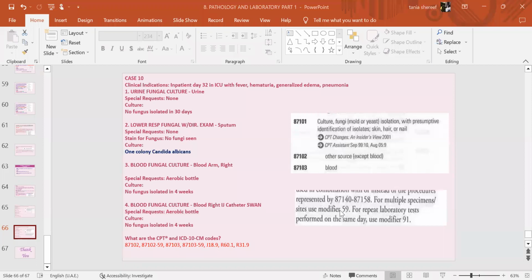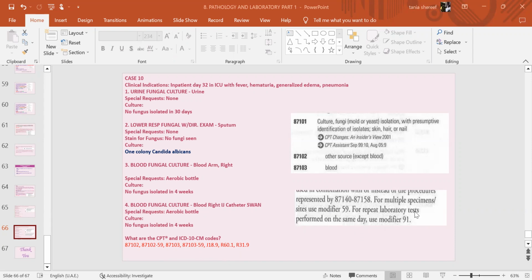So why are we using modifier 59 with these codes? Because it is written in our text: for multiple specimen or site, use modifier 59. So we have 4 specimens. 2 cultures use the same code 87102, and 3 and 4 are from blood, so again we are using 59 with the second code.